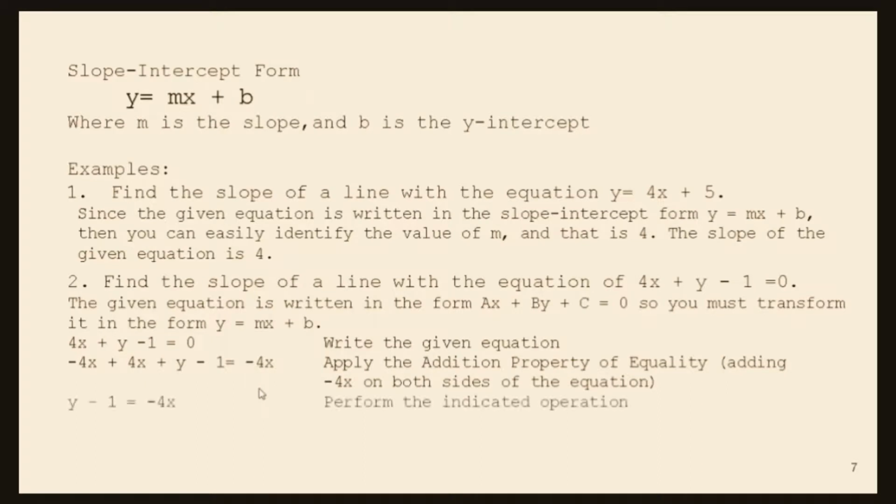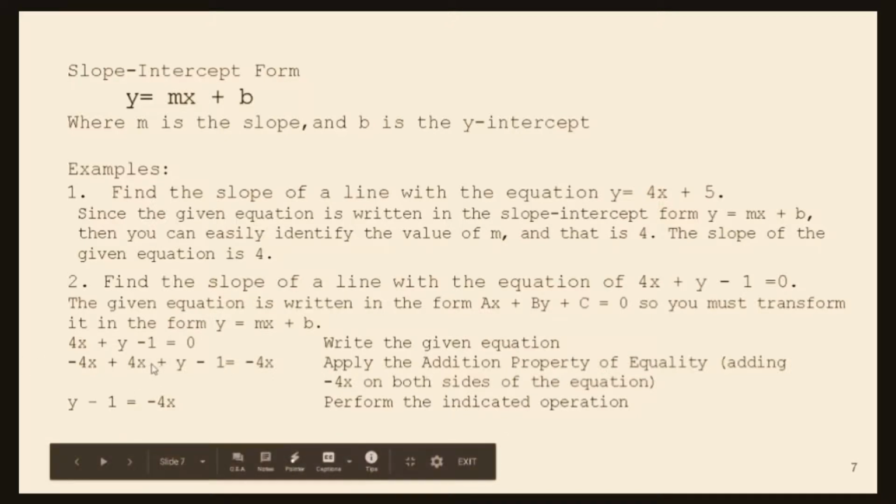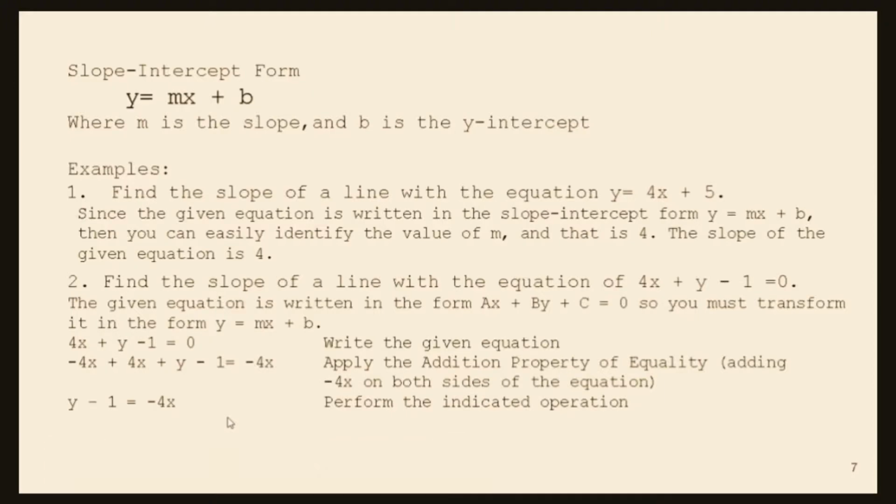So, kailangan mo i-indicate kailangan mong i-perform yung operation. So, since negative 4x plus 4x yan, maka-cancel out silang dalawa, right? So, matitira na lang sa may left side is si y minus 1. Tapos, sa right, matitira na lang sa ating equation ay y minus 1 is equal to negative 4x.